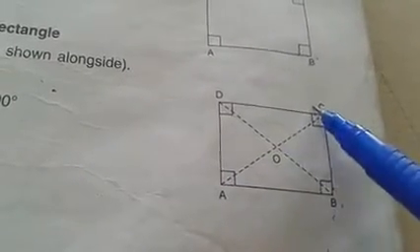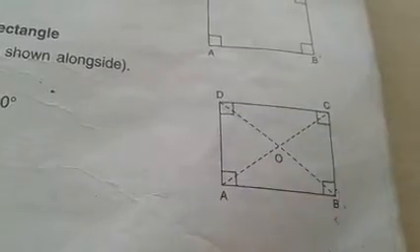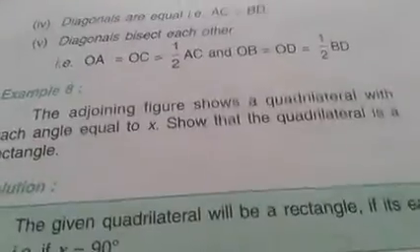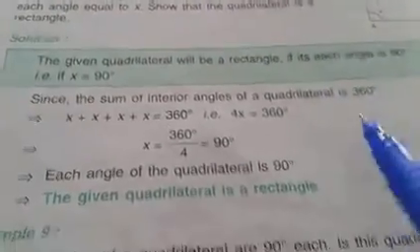So AC is a diagonal, BD is a diagonal, and the main thing, they bisect each other. You know now the meaning of bisection, that it gets divided into two equal parts. Okay. So you can see here, same thing I have told you. So these are the sums you can go through on it.